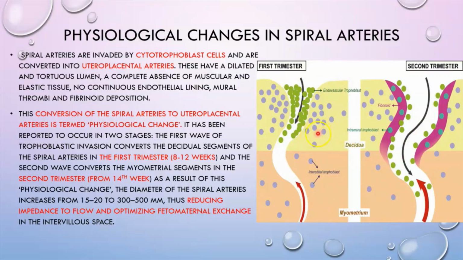In the first trimester only the decidua is invaded, and in the second trimester, as you can see, the myometrium also gets invaded. Now what does this do? It reduces the impedance to flow and it optimizes the feto-maternal exchange in the intervillous space. The diameter of the spiral arteries increases from 15 to 20 mm to 300 to 500 mm.